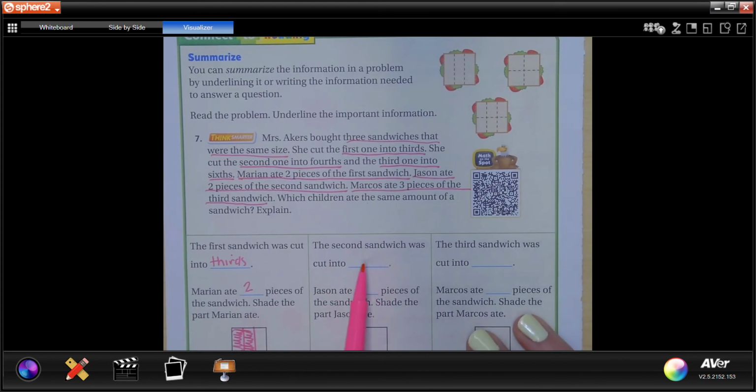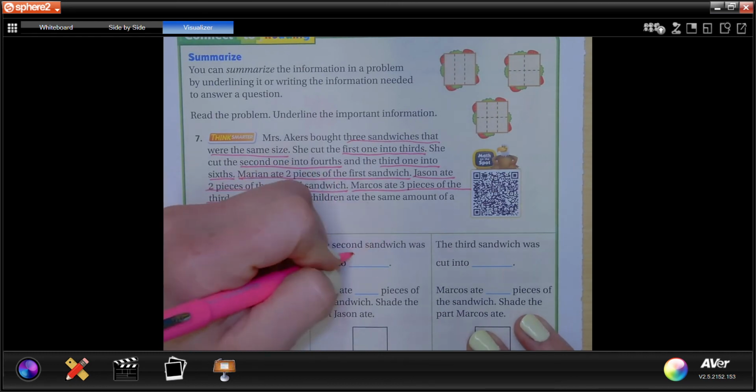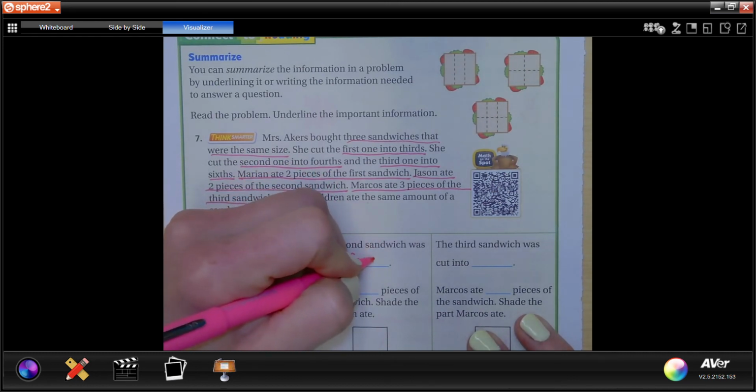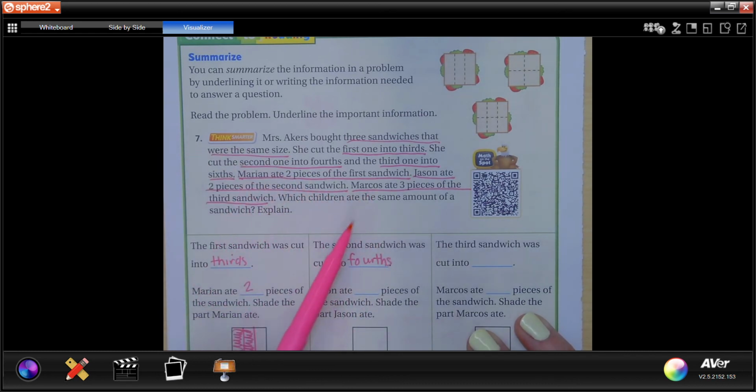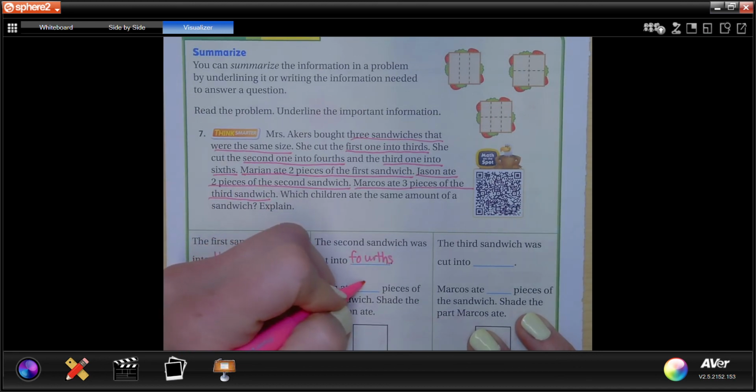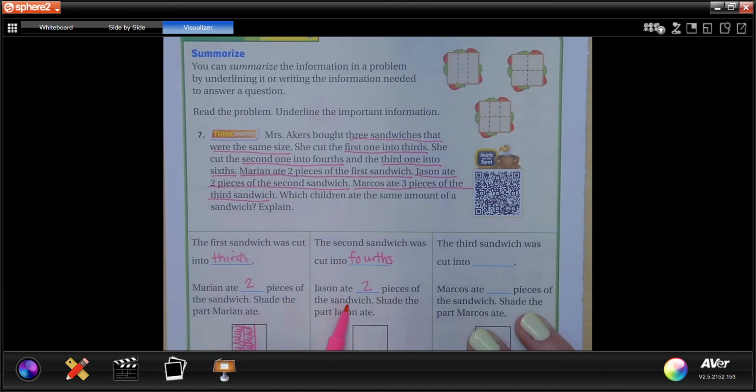The second sandwich was cut into fourths. Jason ate 2 pieces of the sandwich. Shade the part Jason ate.